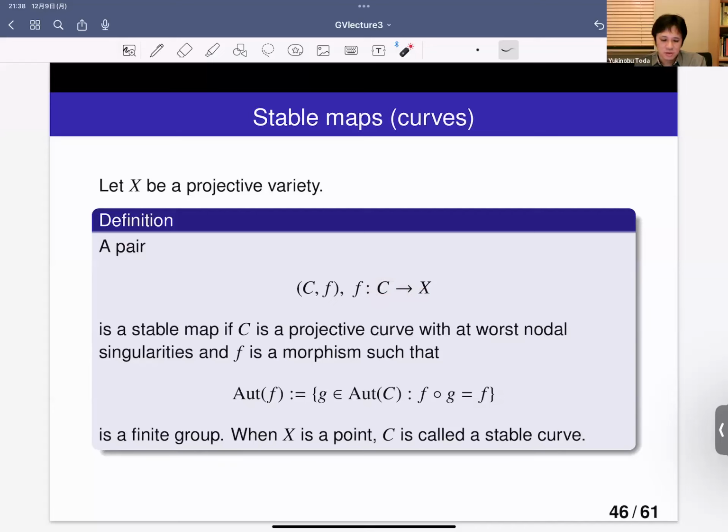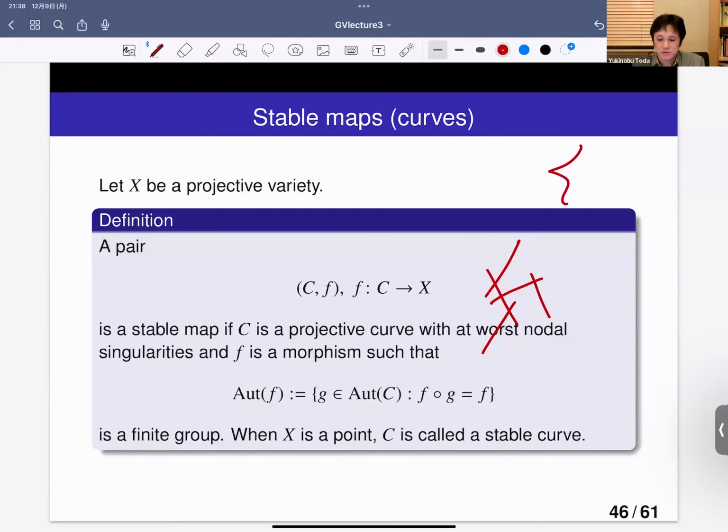Now C is almost a smooth curve. Well, C may be singular, but with only nodal singularities like this. In the case of the moduli space of ideal sheaves, there is no constraint on the singularities.